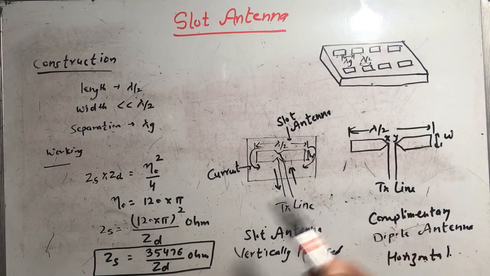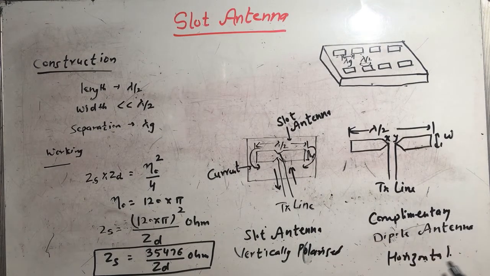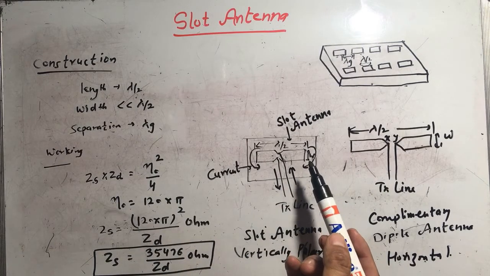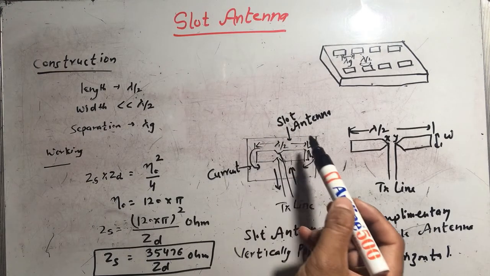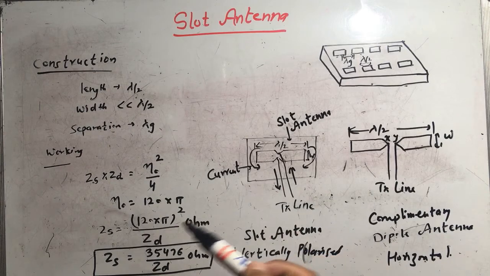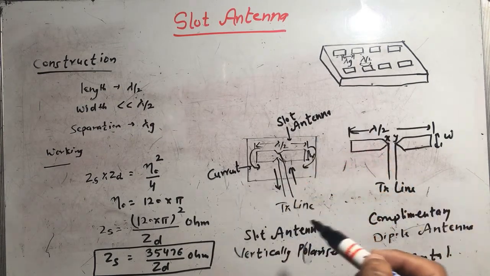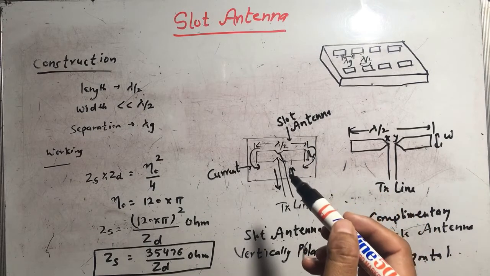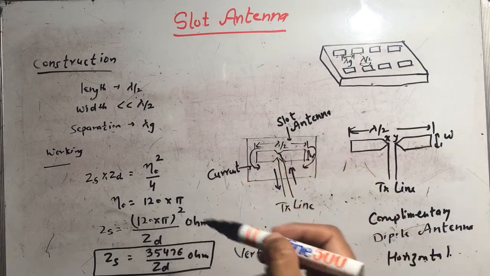If we have the impedance of the complementary dipole antenna, from there we can find the impedance of the slot antenna. This is the use of Babinet's principle and Booker's theory in the slot antenna.